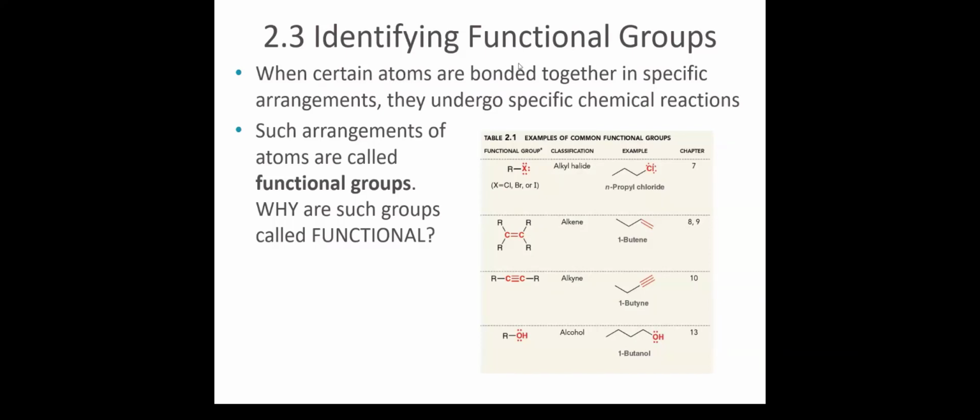Okay. So there are certain combinations of atoms that can be combined in different relationships, and these give us what are going to be called different functional groups. They are called functional because the function tells you how they are going to behave in reactions.